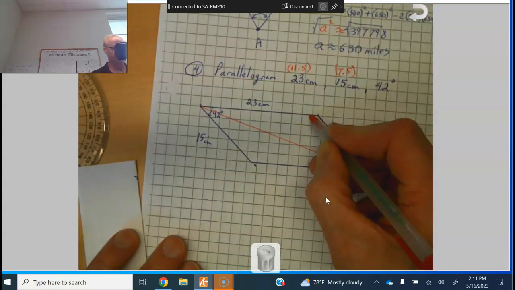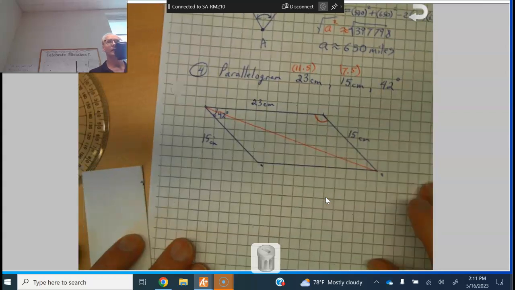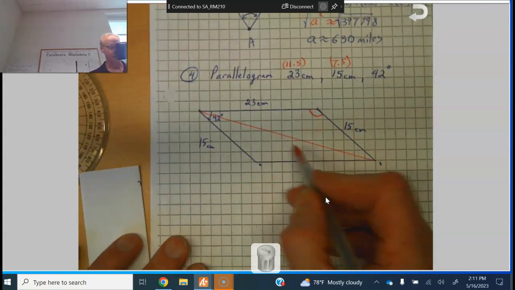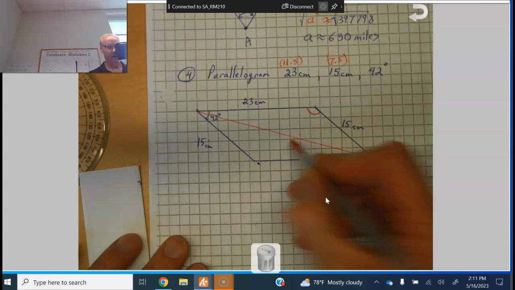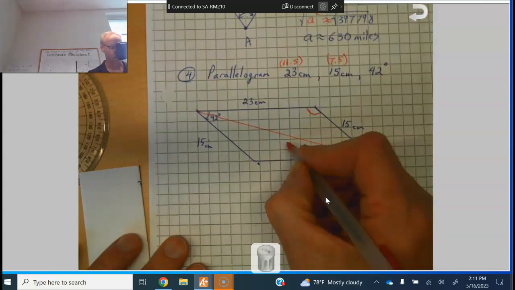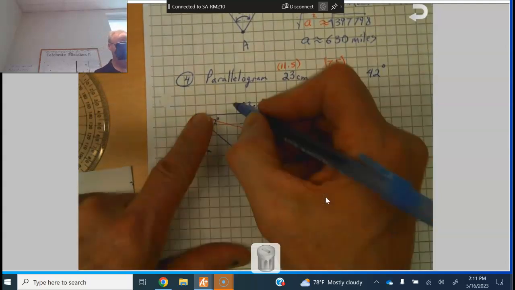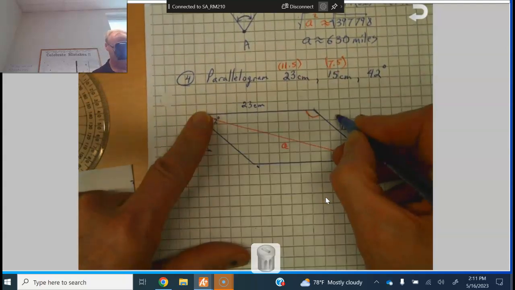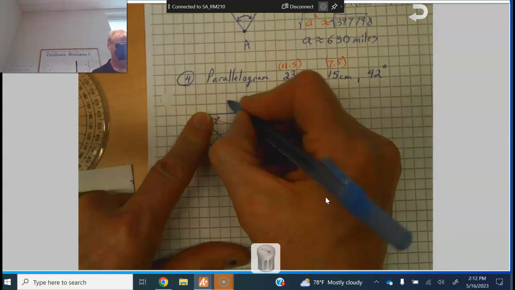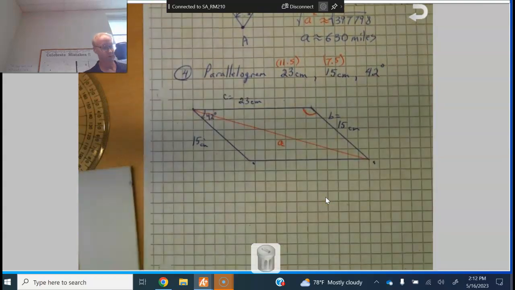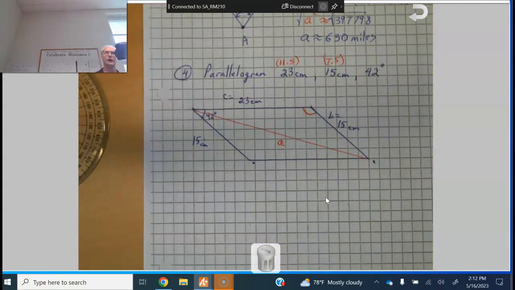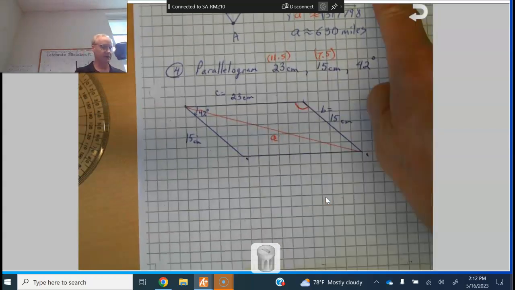So you need to find this missing angle for a parallelogram, and then you can find this missing side. I'm just going to go ahead and call this A, just like we did before up above. And I'll call this one B and this one C, and you're going to solve it in the same way that we did up above.